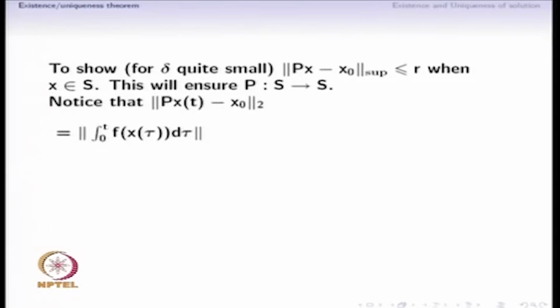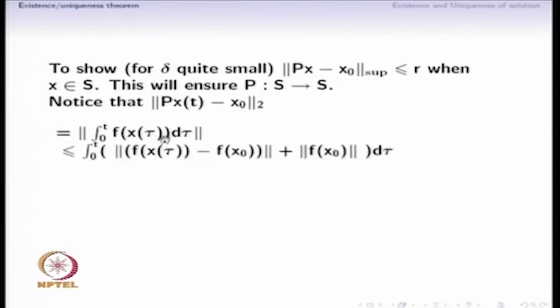In order to show this, notice that P of x of t minus x naught in the 2 norm is equal to this. Once we take the norm inside the integral sign, the right hand side will become larger. So, the norm of the integral from 0 to t is less than or equal to the integral from 0 to t of this whole thing inside the brackets.